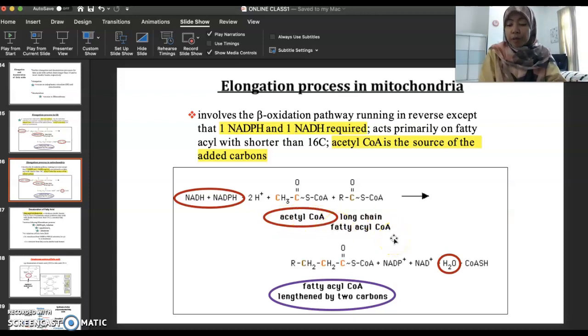And what about the products? You will get water and also fatty acyl-CoA lengthened by 2 carbons. So this is maybe the similarity between elongation in the ER and elongation in the mitochondria. Maybe you can do some comparison between these two processes in the two locations.